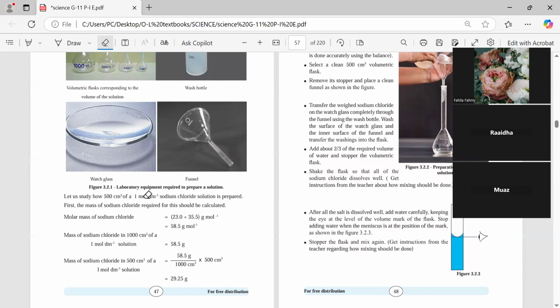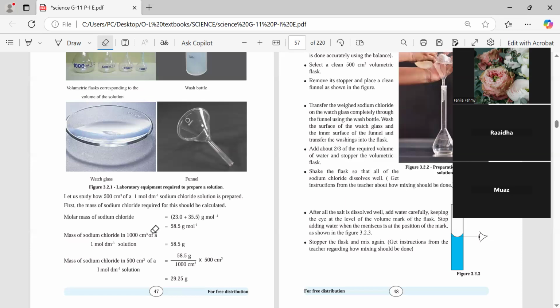You don't want 1 liter, that's way too much. So you're going to prepare half of it. So how much sodium chloride do you think you need? Not 1 mole, you need half a mole, right? Because you are going to prepare half of the 1 mole per cubic decimeter solution, right?